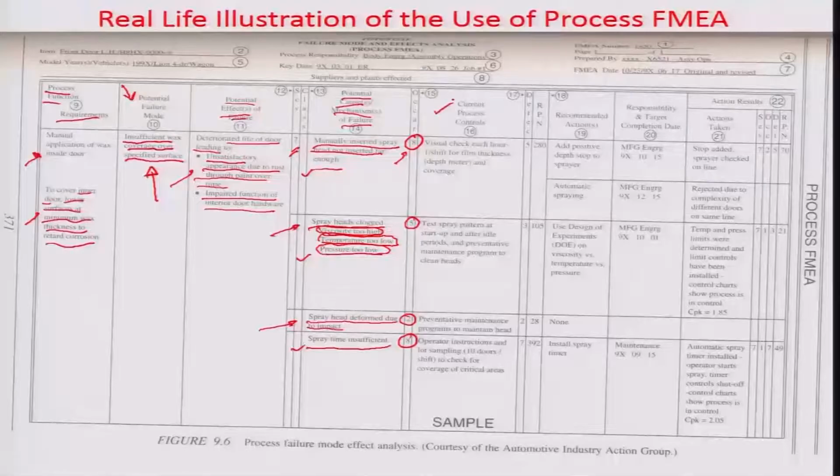And so he finds out that there are certain current process controls which talk about the monitoring points through which such mechanisms for the overall failure can be influenced.